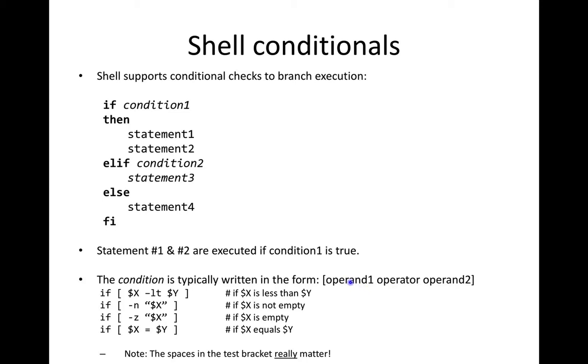We have an operand, and then an operator, and then a second operand. This is where we're doing some sort of comparison between two operands. We're trying to see if one variable is equivalent to another variable, or one variable might be greater than or less than, and so on.